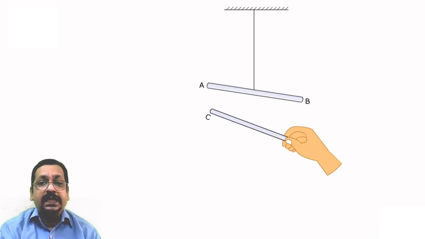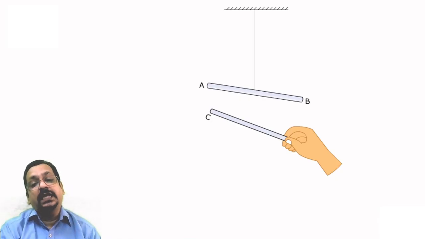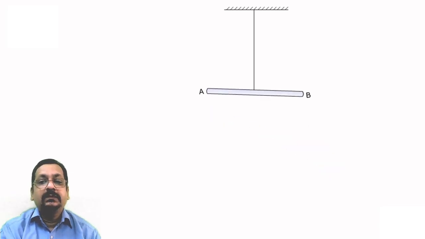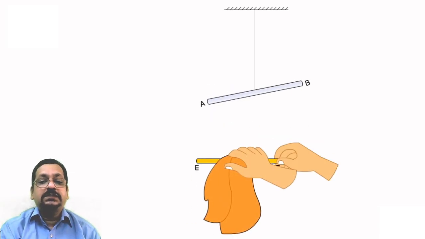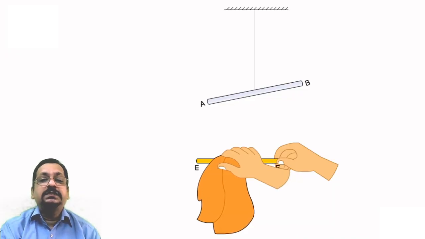Now the next step of the experiment is, instead of a glass rod we have to take a plastic rod, and we will carry out the same experiment again using the plastic rod. Let us see that. So we have taken the plastic rod EF and it is rubbed now against woolen cloth. So this is woolen cloth and the plastic rod is rubbed against it.